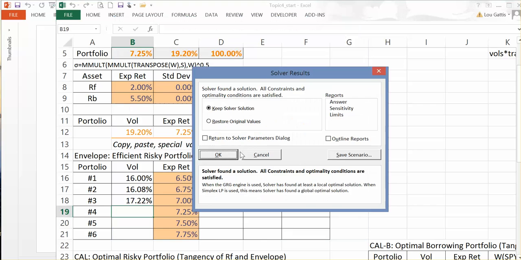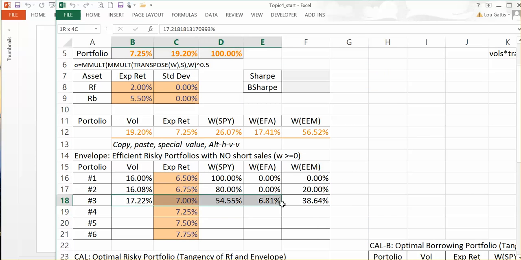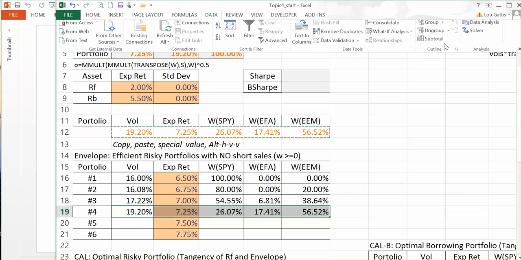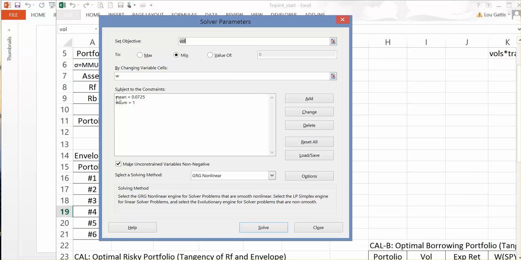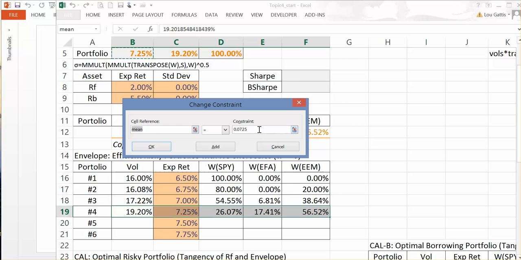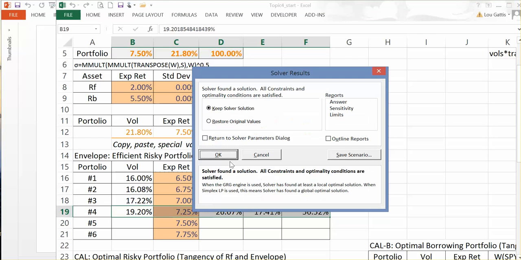Solve. I'll copy this row. Alt HVV. Change it to 7.50. Solve. Okay.